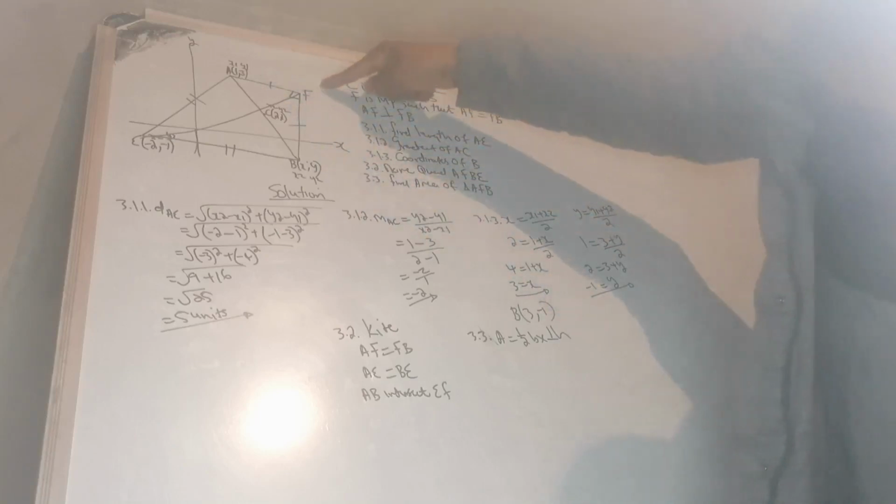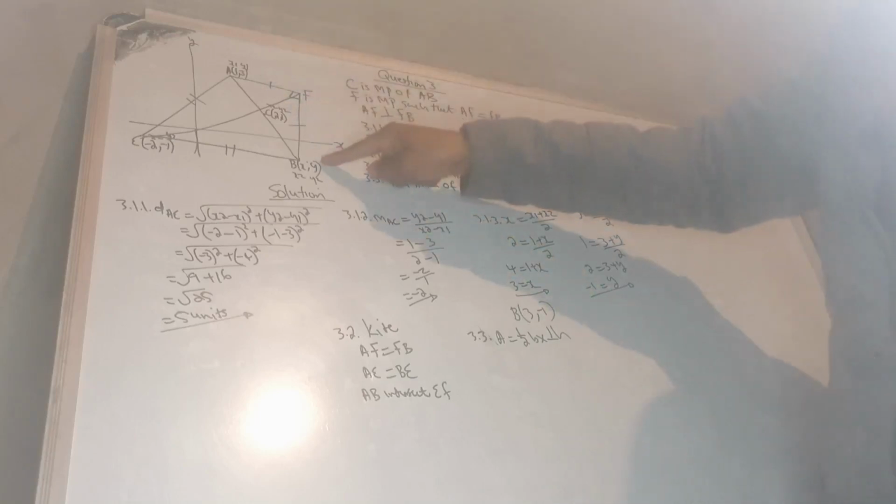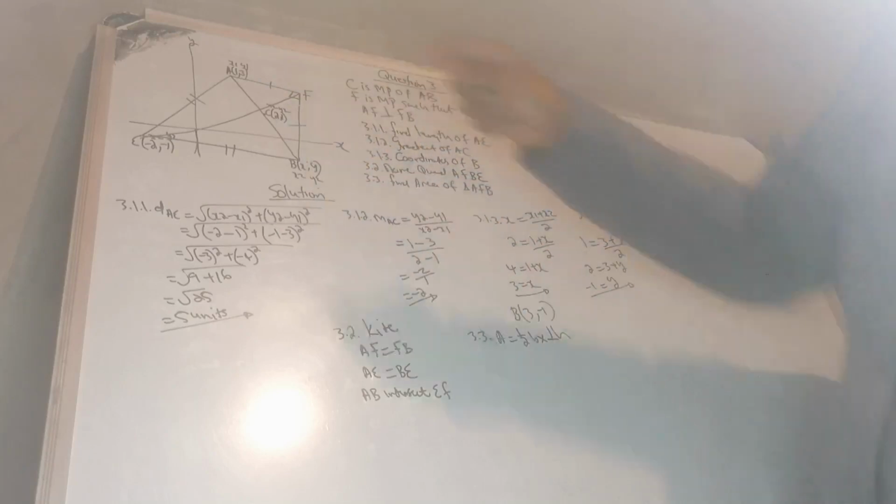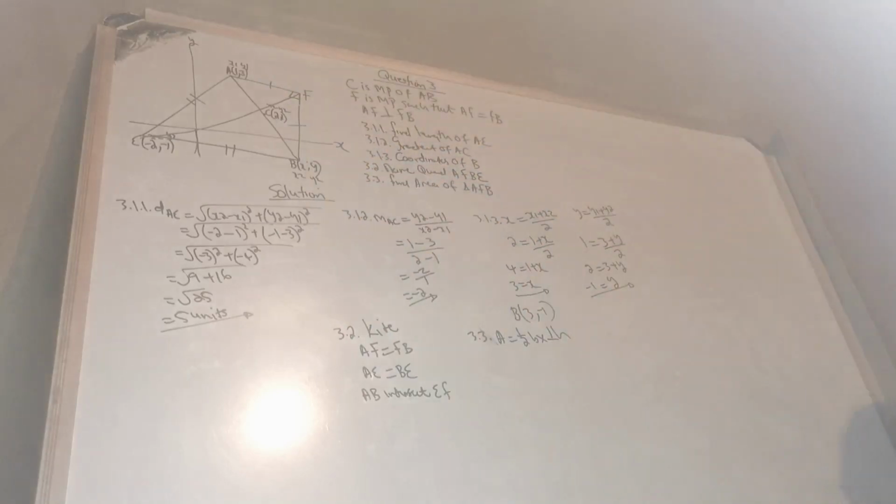The gradient of AF multiplied by the gradient of FB must give us -1, because at F we have an angle of 90. But how is that going to help us in finding the coordinates of F? How is it going to help us?